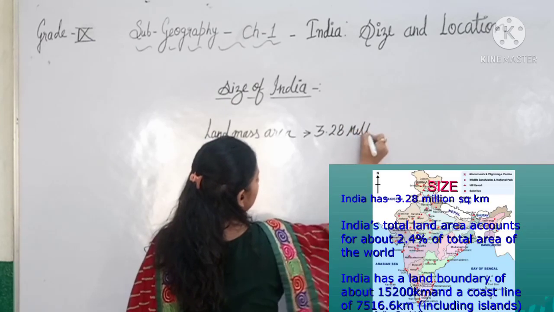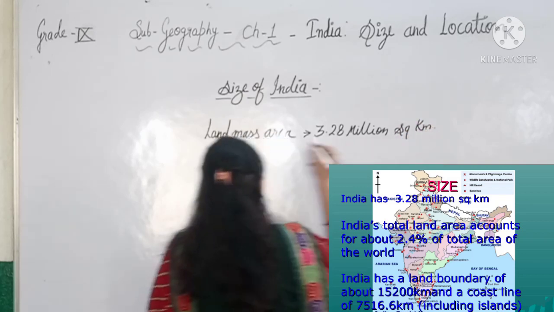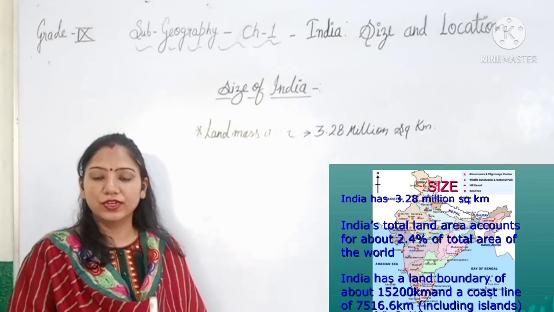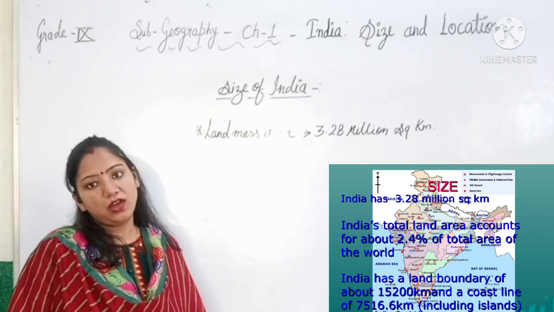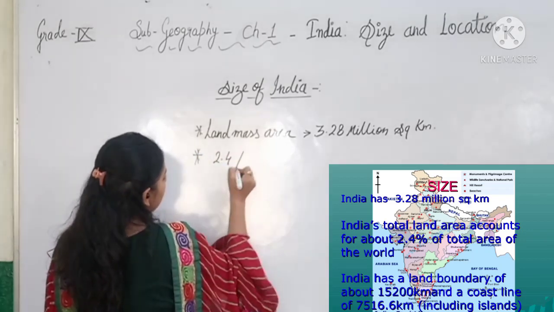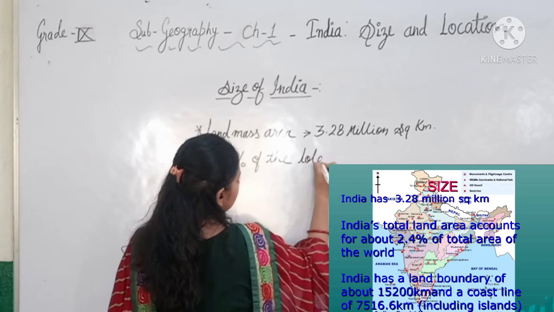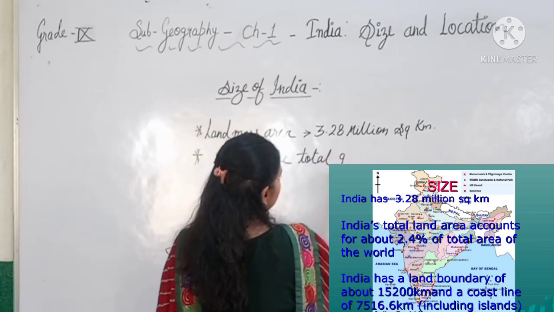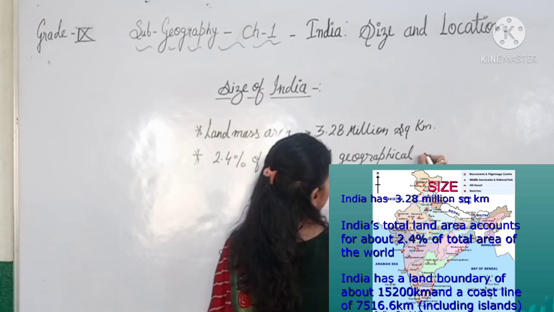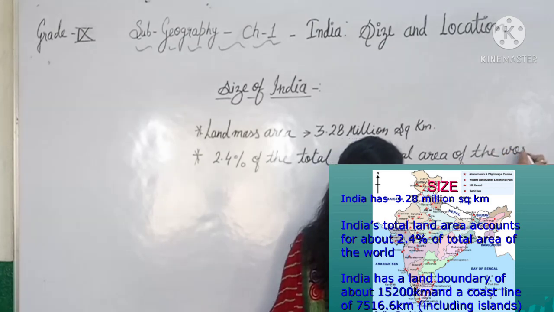The total landmass area of our country is 3.28 million square kilometers, which is only 2.4% of the total geographical area of the world.